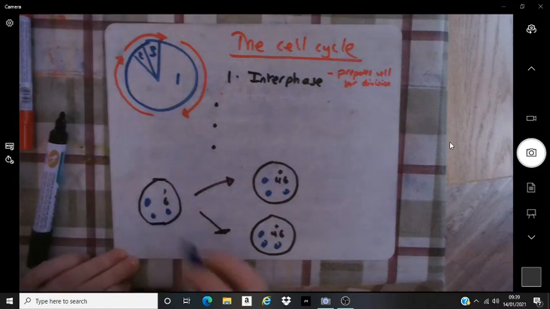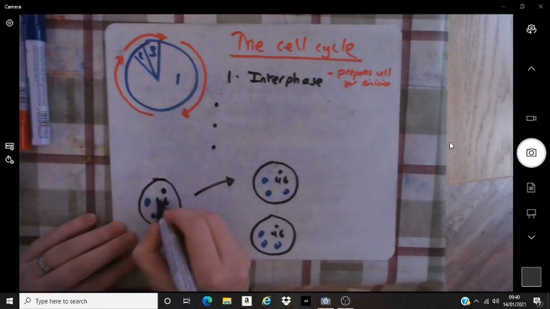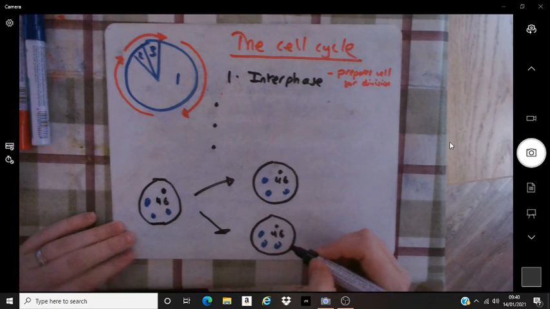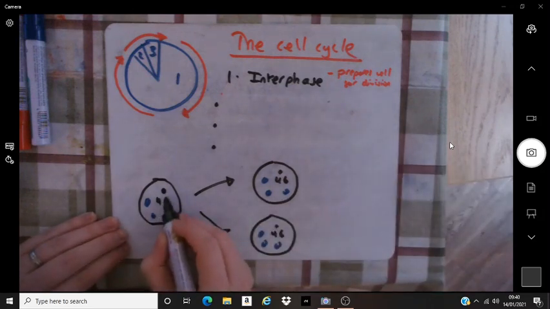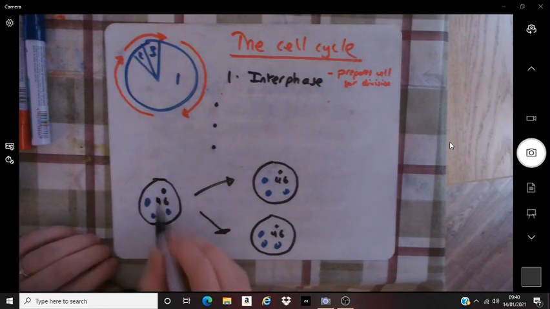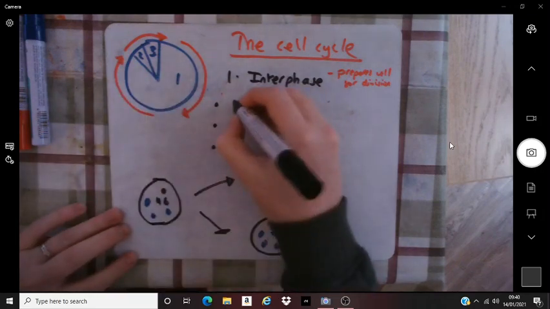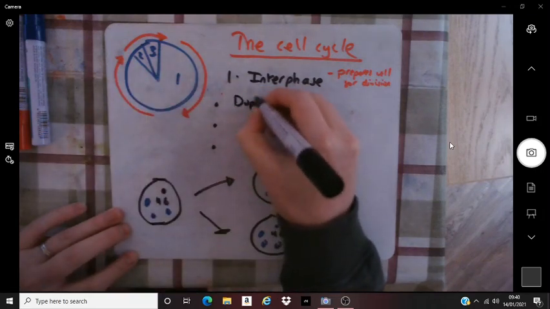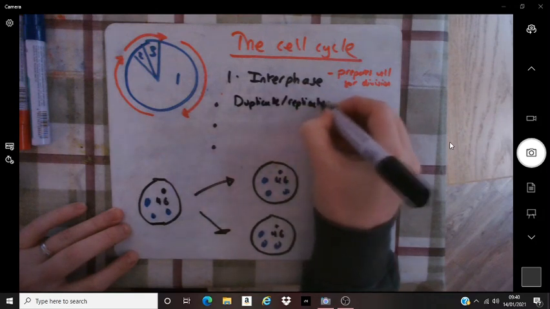We need to make sure that the nucleus, when it divides, both of these cells get 46 chromosomes. The only way you can do that is to actually duplicate all the genetic information in this nucleus first. So during interphase, one of the main steps is that we duplicate, we can call it replicate, the DNA.